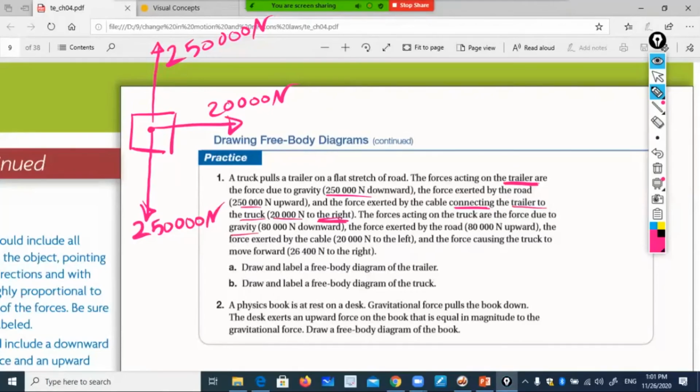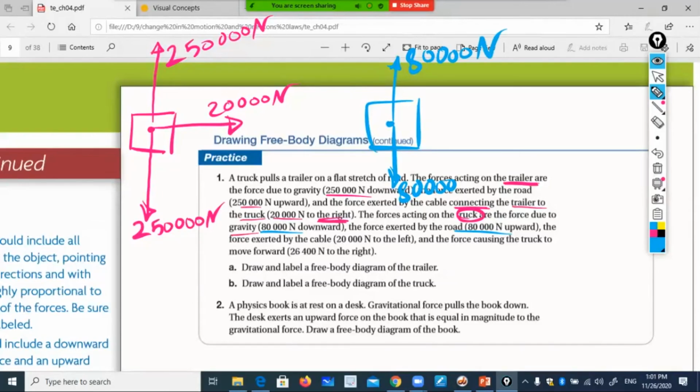The forces acting on the truck are the force due to gravity. Now we have the truck also. This is another object. Now this is the trailer, and we have the truck. I will change the color. Yeah, this is the truck. We have downward 80,000 for the truck. And the force exerted by the road 80,000 up, like that.